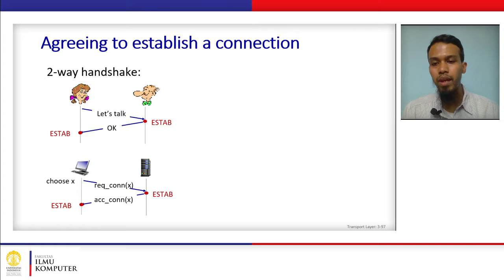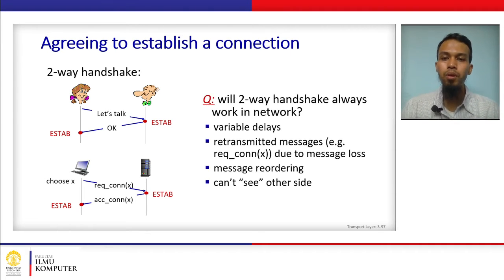After the request connection message is received by the server, the connection can be established at the server side, and after the reply from the server is received by the client, the connection at the client side can also be established. But the question is, can this two-way handshake work in networks?